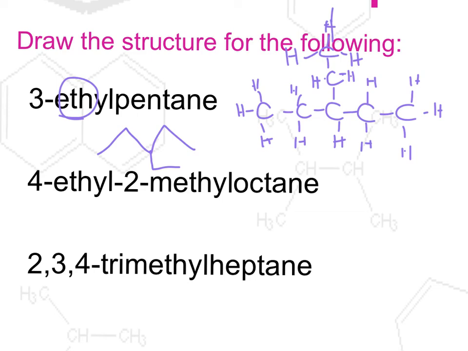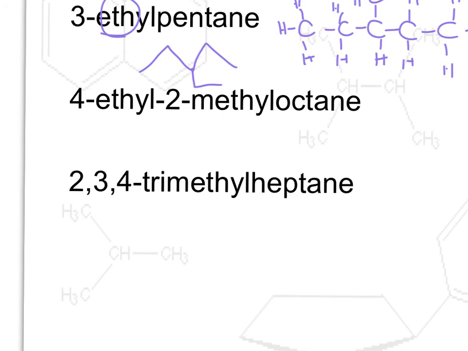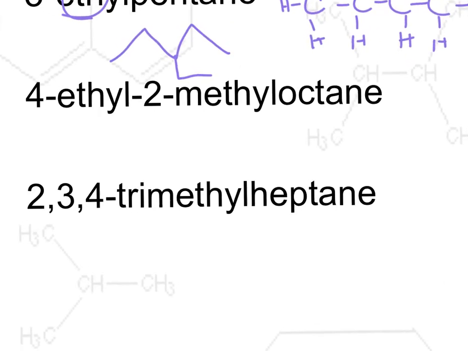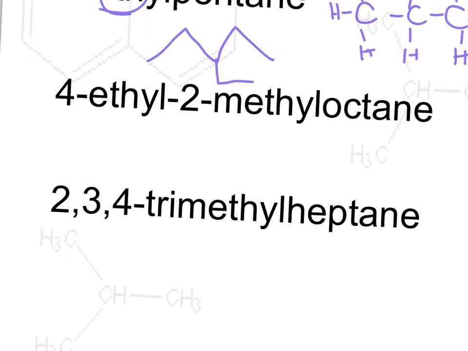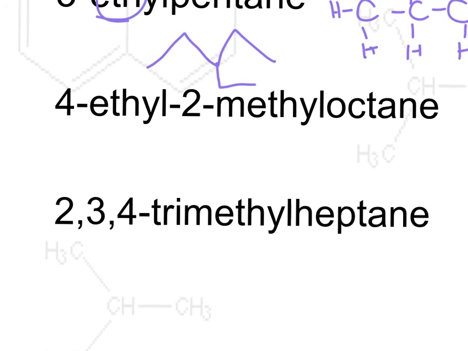Okay, next one. 4-ethyl-2-methyloctane. So I'll make this a little bit bigger so I have more room to draw. 4-ethyl-2-methyloctane. What do I look at first? I look at the octane part. Oct means 8. So I'm going to go ahead and draw 8 carbons.